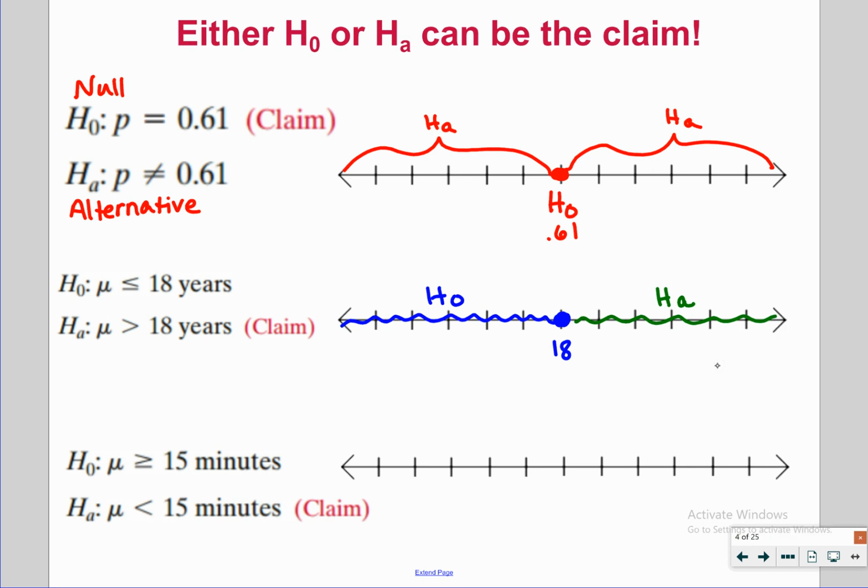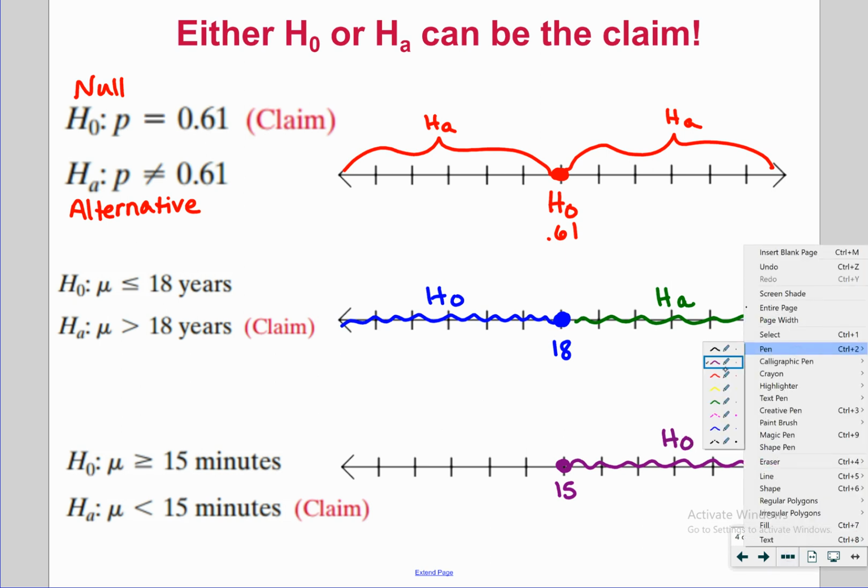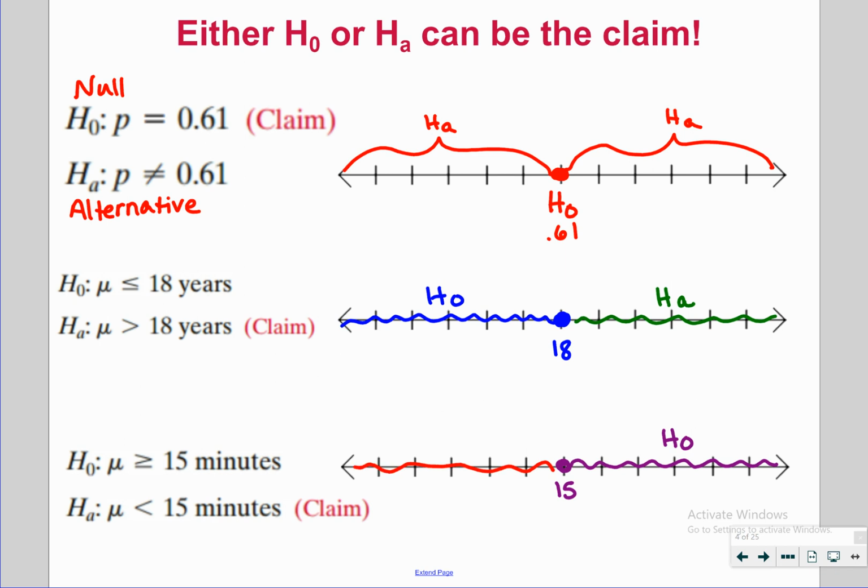All right, and then the bottom one, my null hypothesis, the mean is greater than or equal to 15 minutes. So again, wherever 15 is, and everything larger than that would be my null. And then everything smaller than that would be my alternative. Those bottom two, notice the claim that's being made is actually the alternative hypothesis.